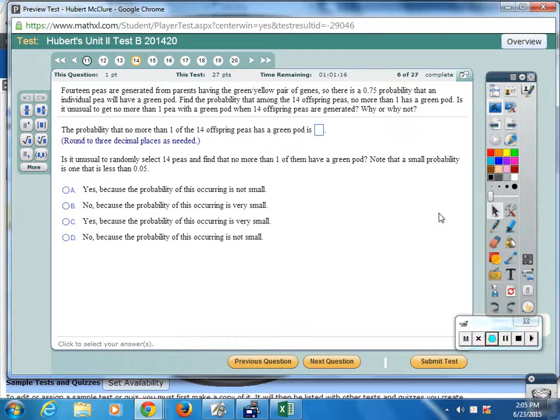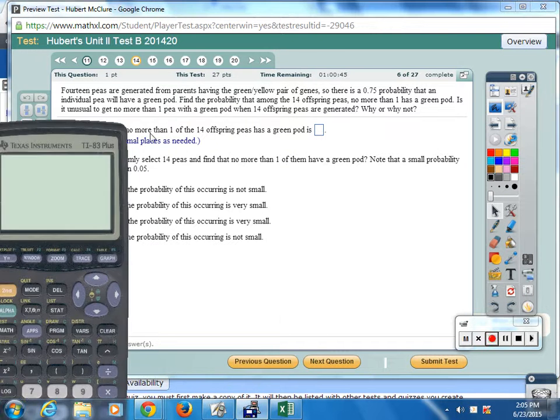So do nPx, so n is what? 14, 0.75, 0, and 14, 0.75, and 1. And add them together. Somebody tell me what y'all get. Well, I better do it. Somebody will lead me astray.